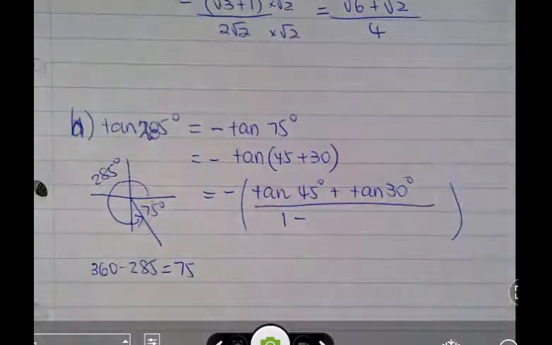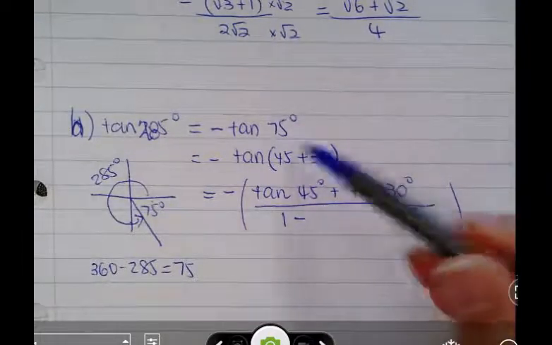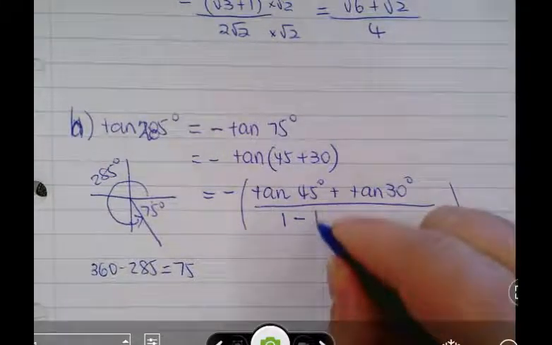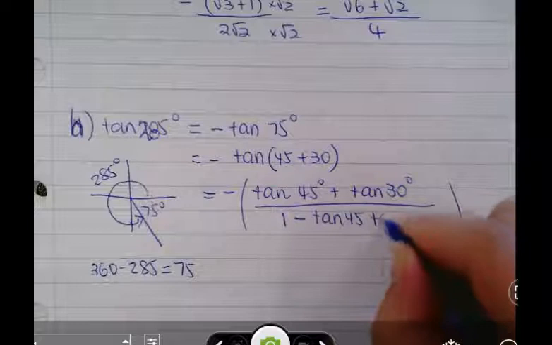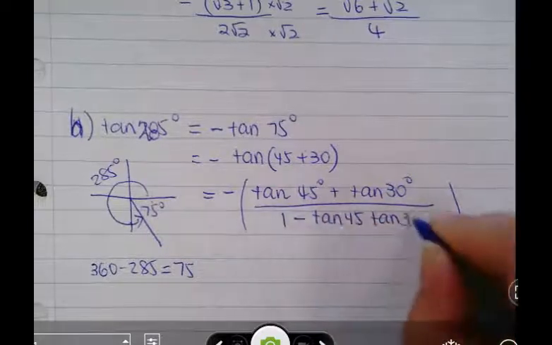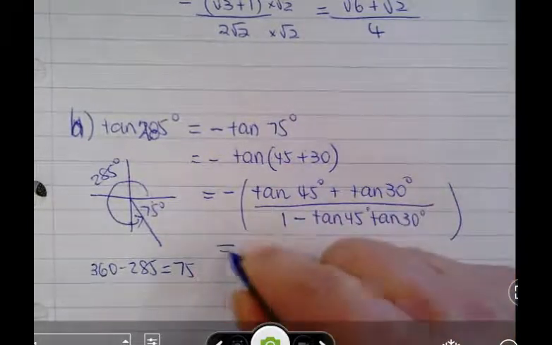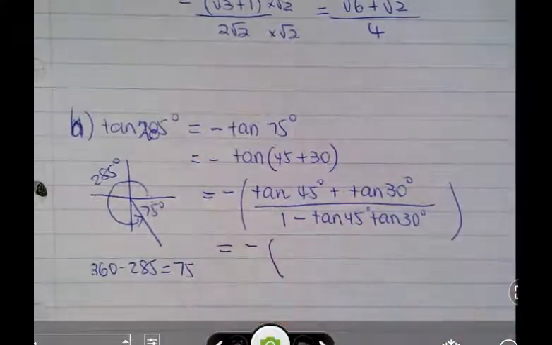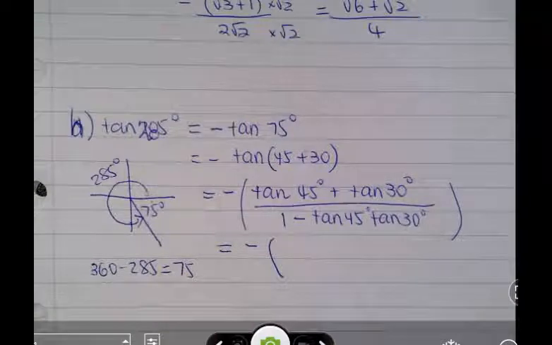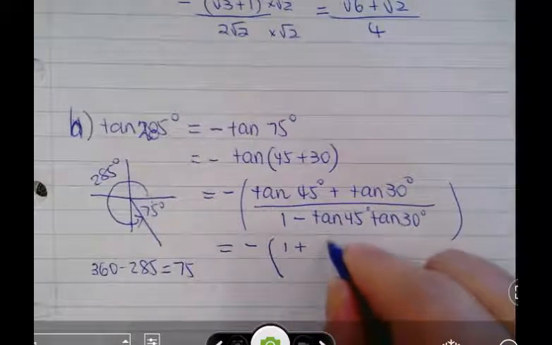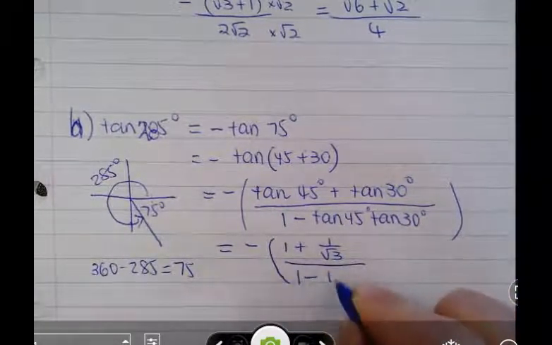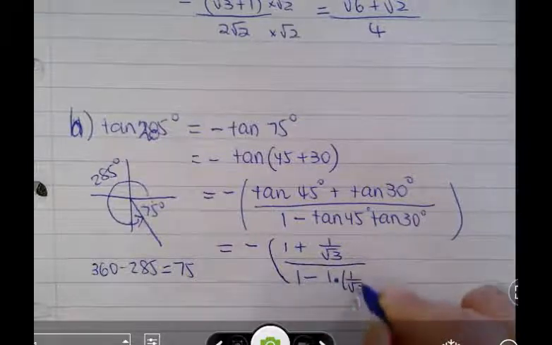Remember, it's plus, same sign on the numerator, then it goes minus for the denominator, the opposite sign. Minus tan 45 tan 30. What is tan 45? 1 plus 1 over root 3 over 1 minus 1 times 1 on root 3.